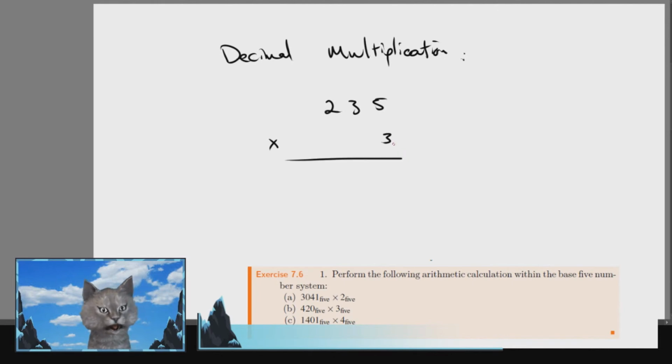So instead, I'm going to do the detailed version, which is 3 times 5 is 15. Then when I'm multiplying this 3 with this one, my answer is going to start over here, which means I'm padding with a 0 to keep everything in line. 3 times 3 is 9. Now my answer is going to start over here.